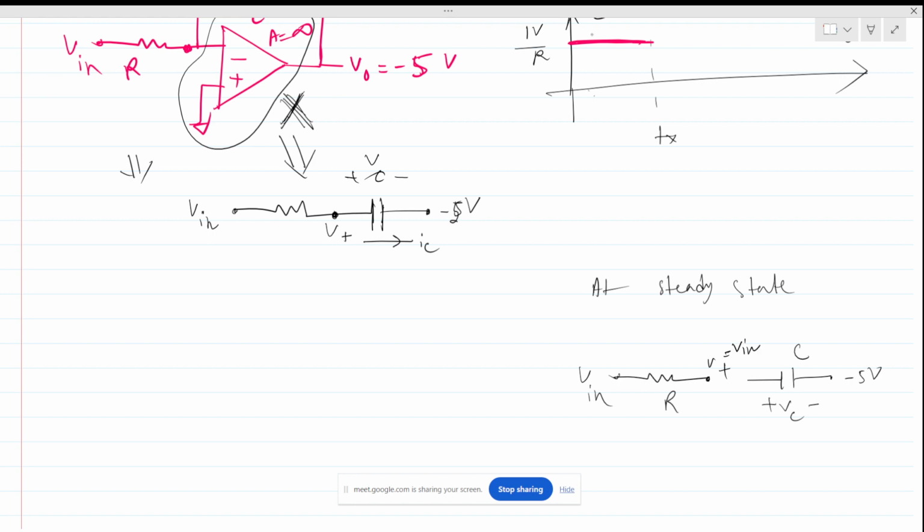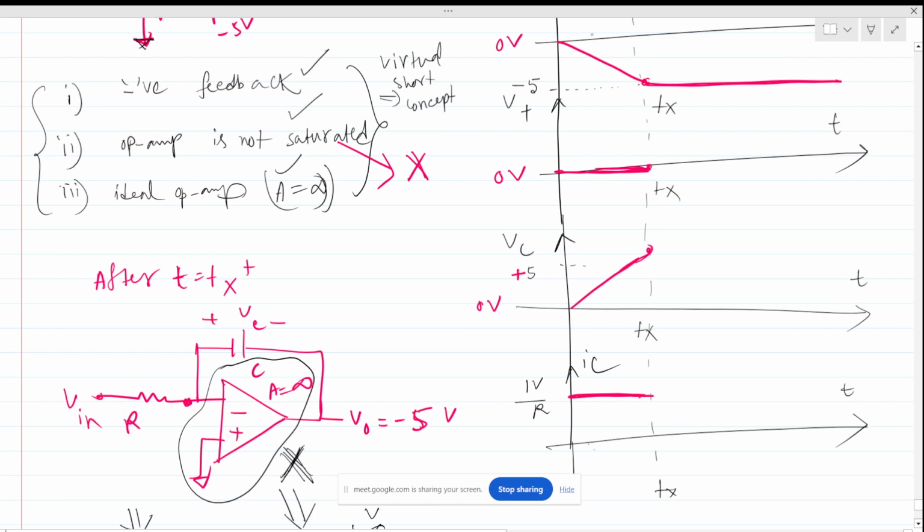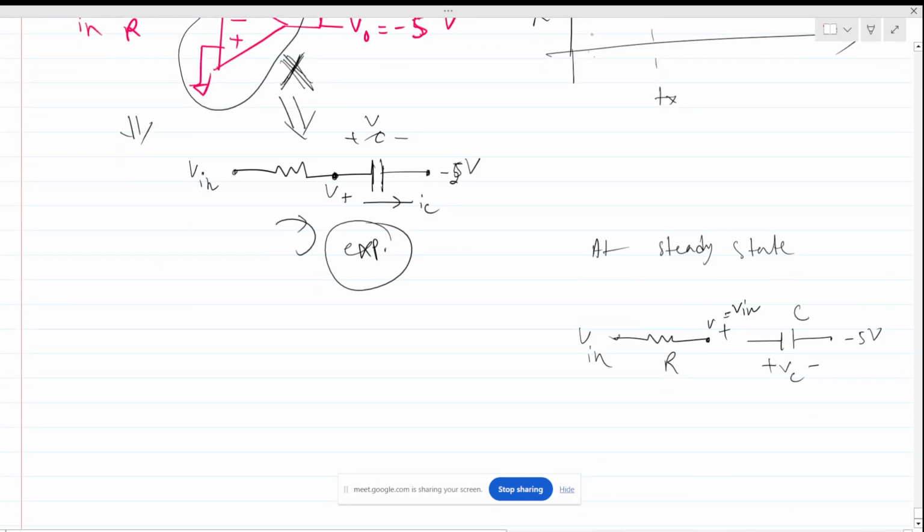And what will be the nature of this graph? This will always be an exponential. We all know, right? This is a normal RC filter or RC integrator, whatever you can say. So now the V plus terminal will increase exponentially to 1 volt. Clear? Now what will be the VC? VC is nothing but V plus minus V out, right?